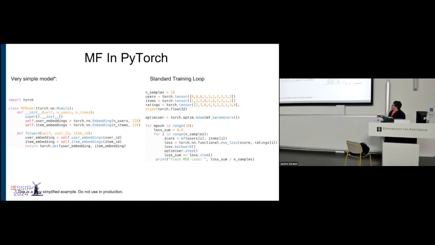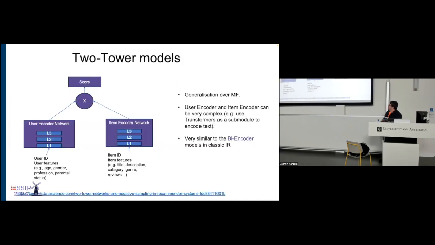So, yeah, we basically can implement all these approaches, but using deep learning frameworks, and it gives us advantages. So first of all, we can generalize matrix factorization a bit. If it is now a neural network, why would we stop at just having one hidden layer?